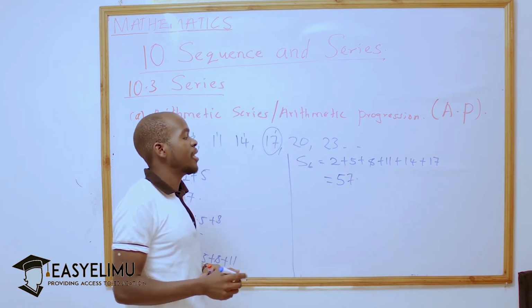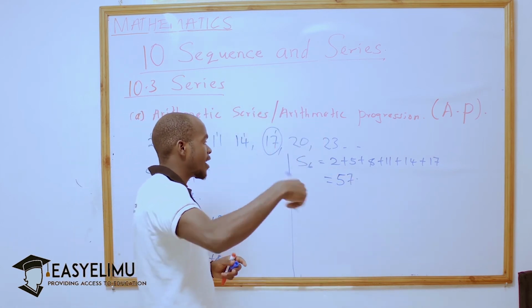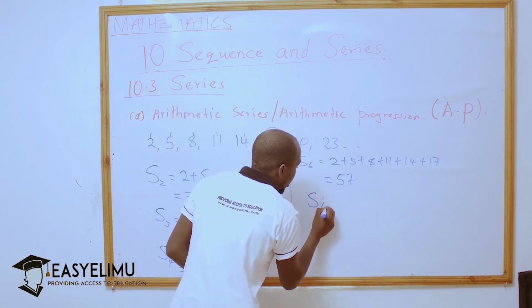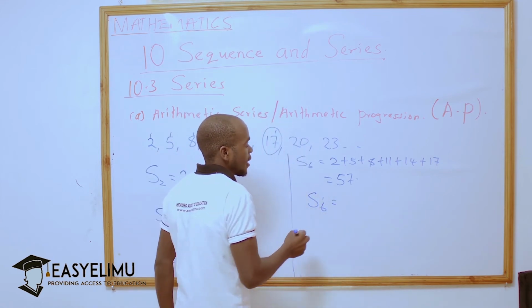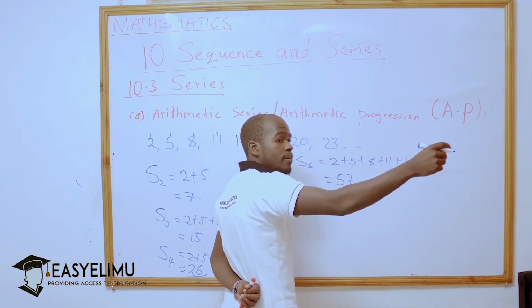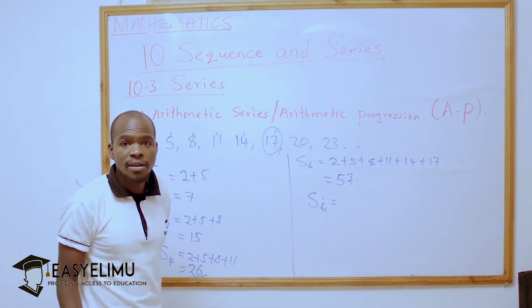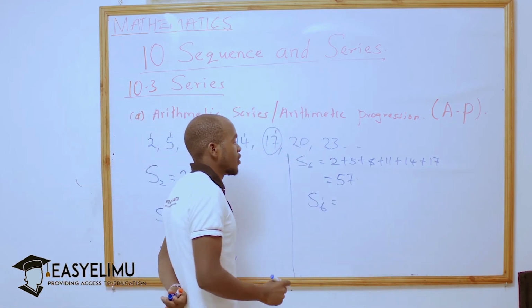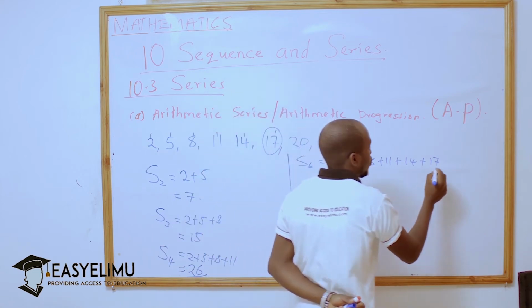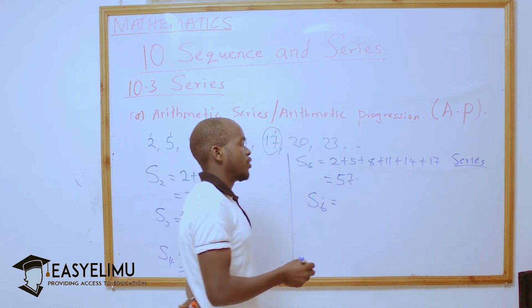The sum can be found in that process, or you can also find S6 by starting from the largest term in the sequence. This is what I'm referring to as a series.